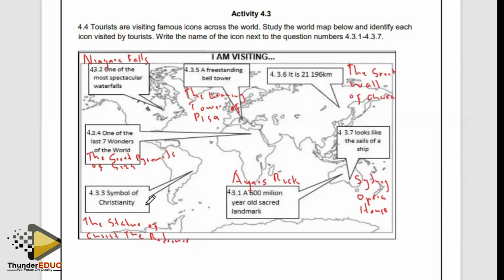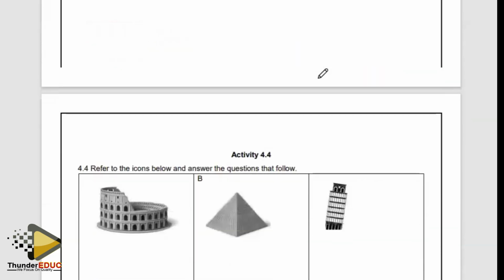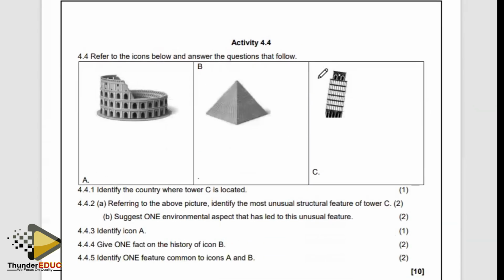A symbol of Christianity, the statue of Christ the Redeemer. Then the Sydney Opera House, it looks like the sails of a ship. Then the Great Wall of China, it is 21,196 kilometers long.